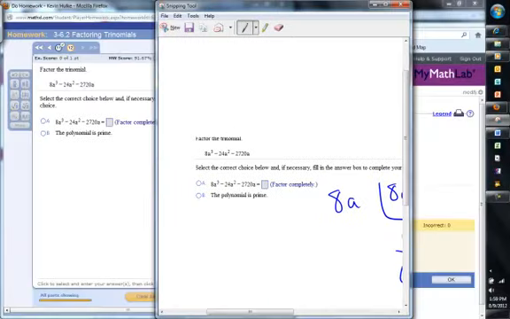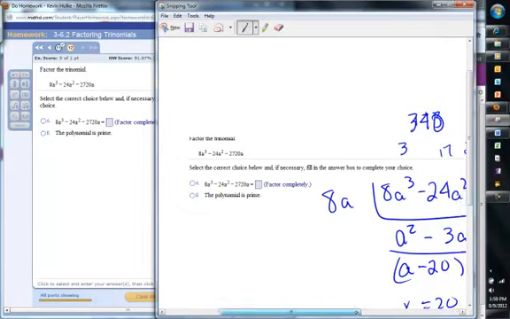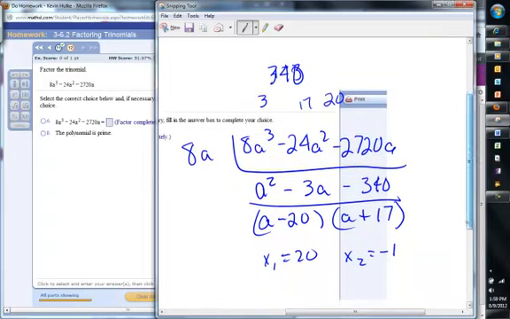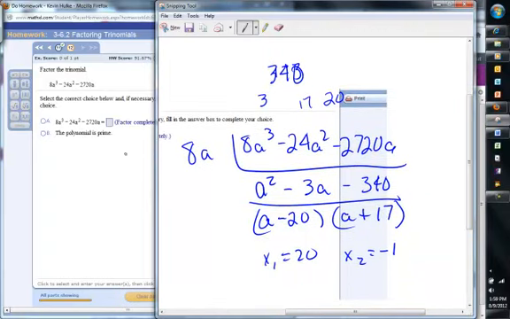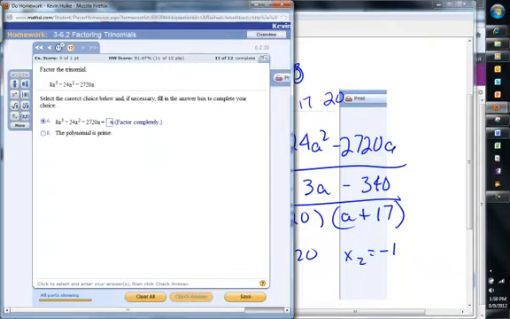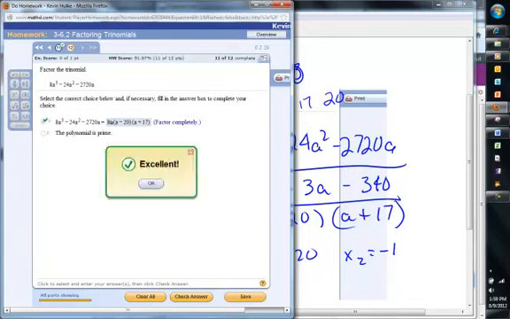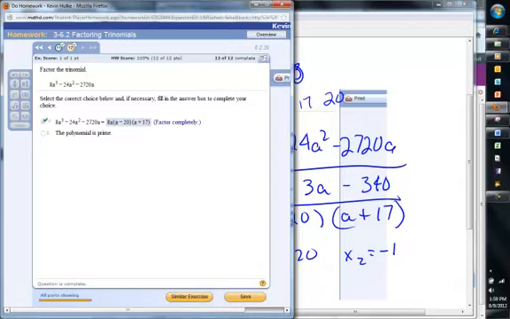Make sure you get, in this case, a's are your letters. So it's 8a times a minus 20 times a plus 17. And that's the lesson for today.